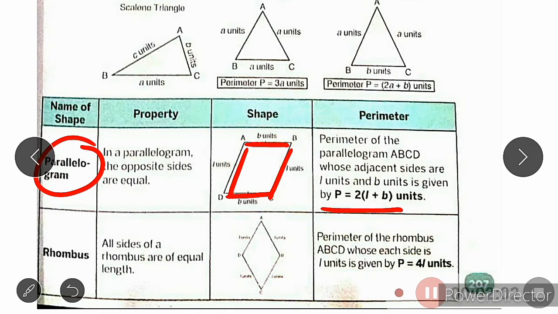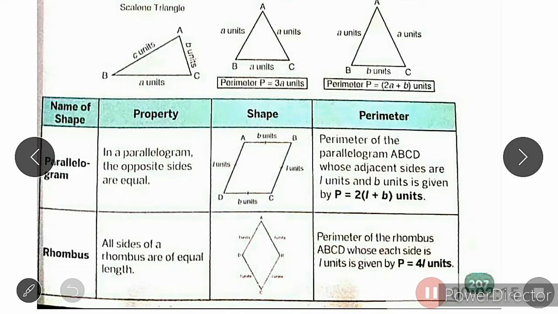Okay, so let's take a look at the next figure, that is the rhombus. We all know that a rhombus has all its sides equal, right?